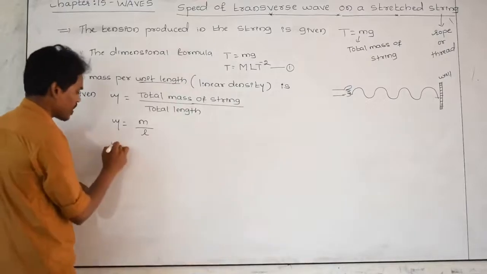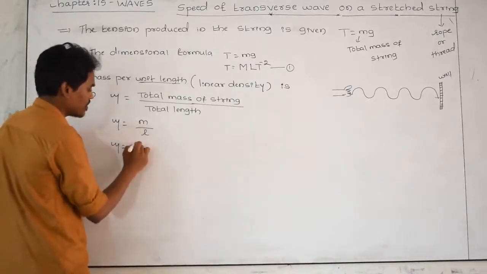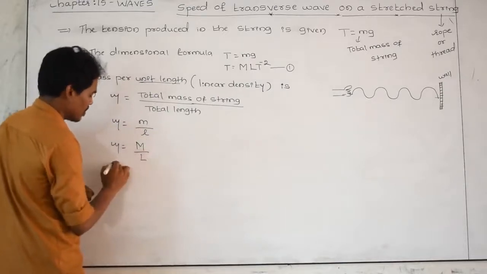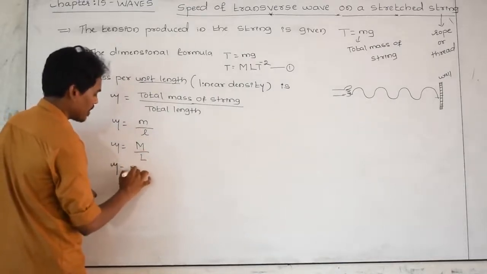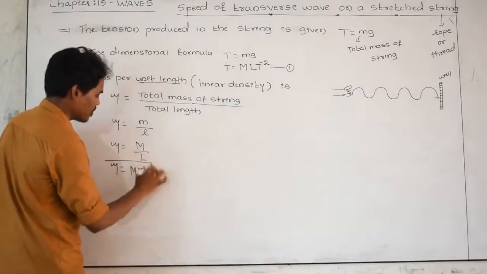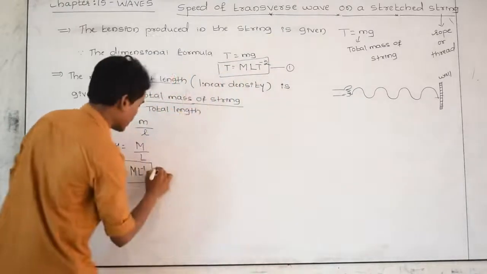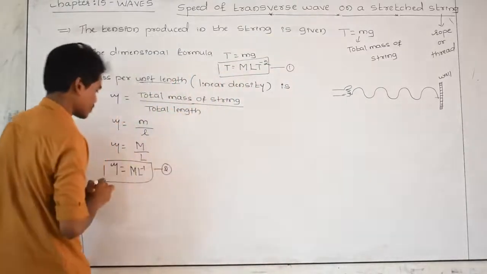And the dimensional formula of this m is capital M and l is capital L, and mu is equal to ML raised to minus 1. You are getting this, and this is equation 2.